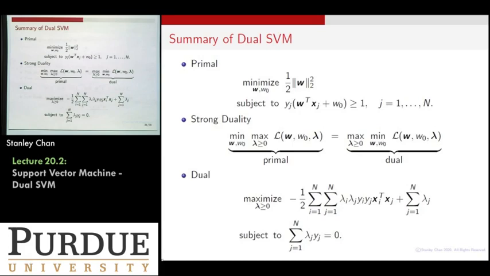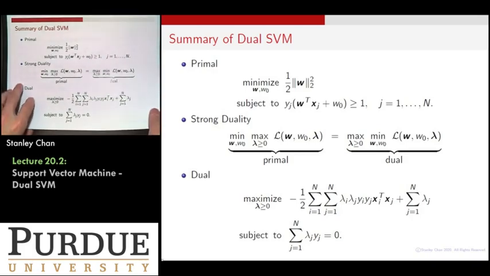A support vector is a training data point that is living right on the margin, and these can be found by solving the dual problem. If the dual variable is positive, then the corresponding data point is a support vector. If the dual variable is 0, then the corresponding data point is living in the interior of the decision region. So that perspective can only be drawn by looking into the dual SVM.